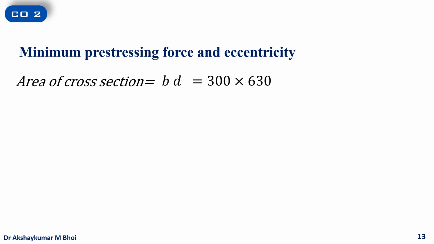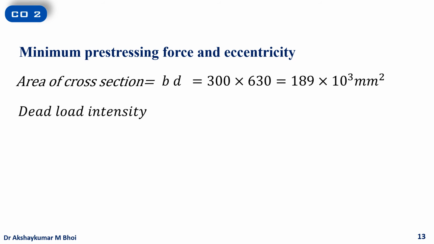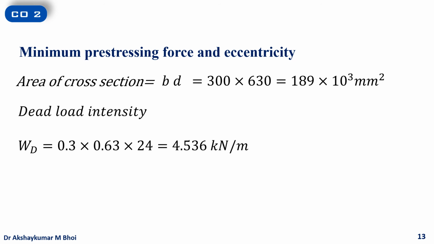Let us now calculate the minimum pre-stressing force and the corresponding eccentricity. The area of cross section of the concrete member is now B into D equal to 300 into 630, which is 189 into 10 raised to 3 mm square. The dead load intensity WD now comes out to be 4.536 kilonewton per meter.